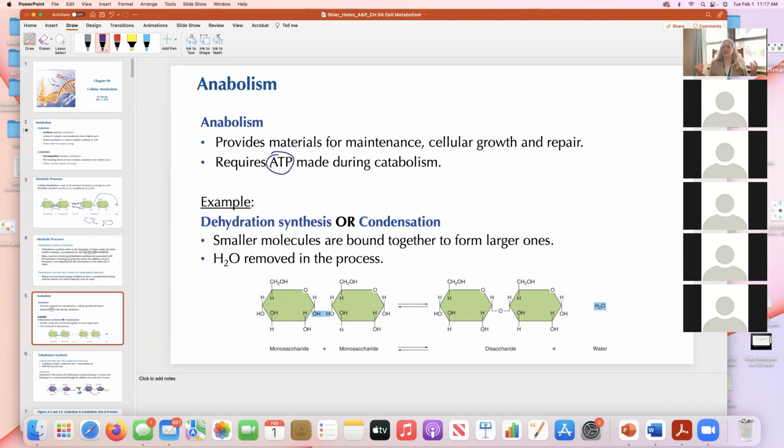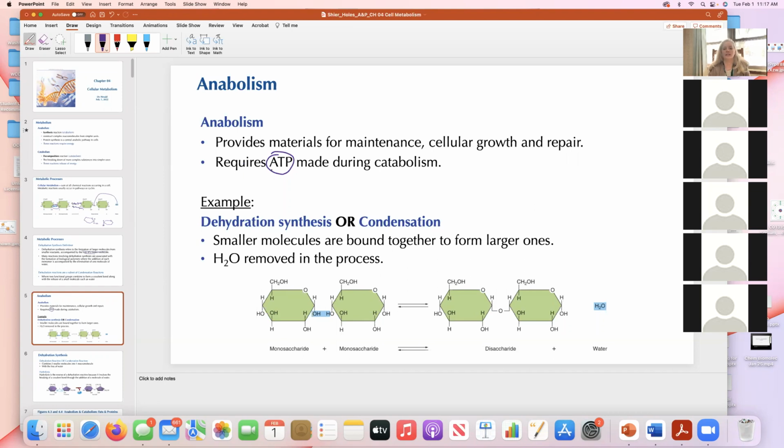All that stuff is going to be anabolic, building you back up, repairing you, okay? And all the energy, all the particles, all the foodstuffs, that eventually comes from basically what you ate, okay?